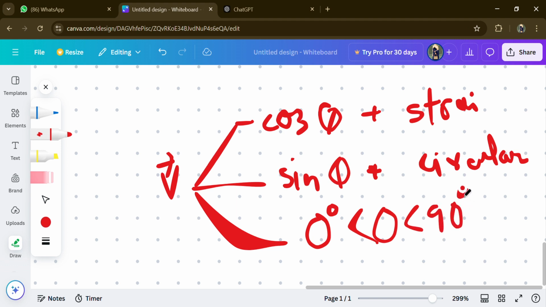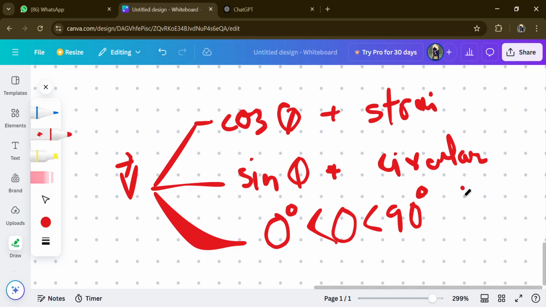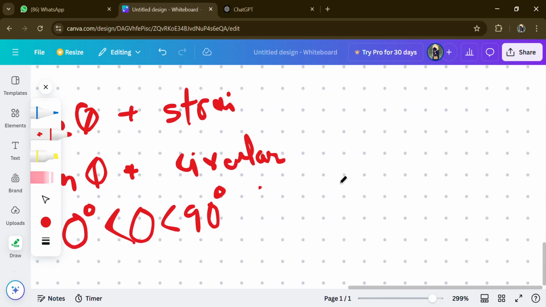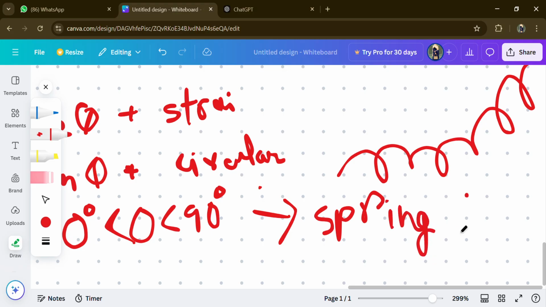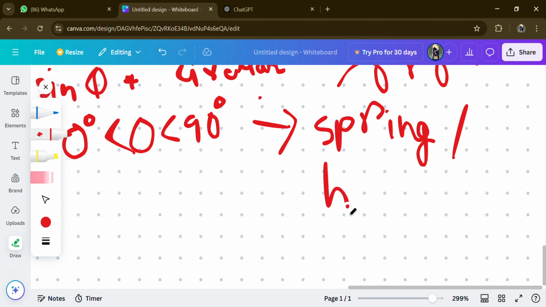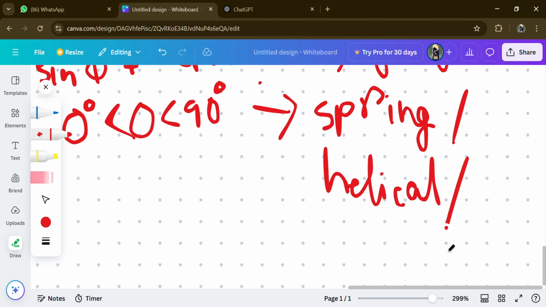In this situation, the motion would be in this form. It will be neither circular nor straight. It would be in a form creating a helical or spring-like structure. You could say it is a helix.